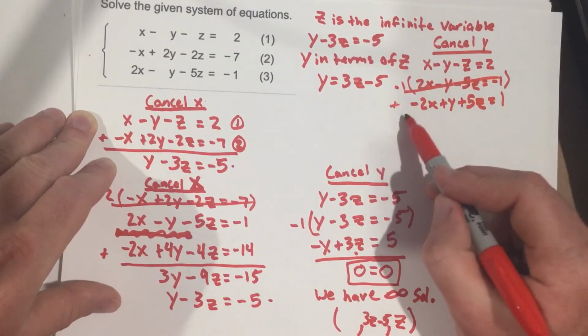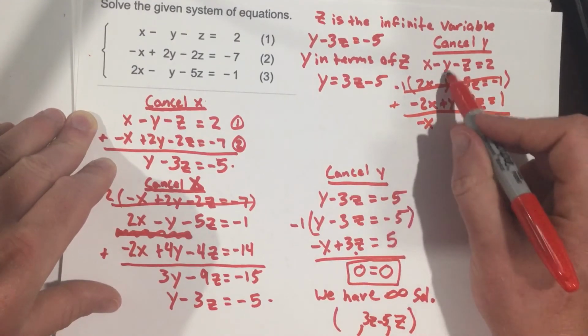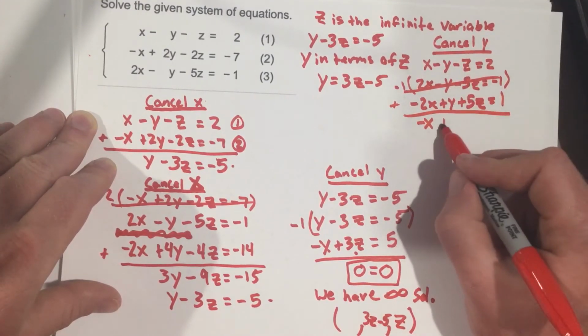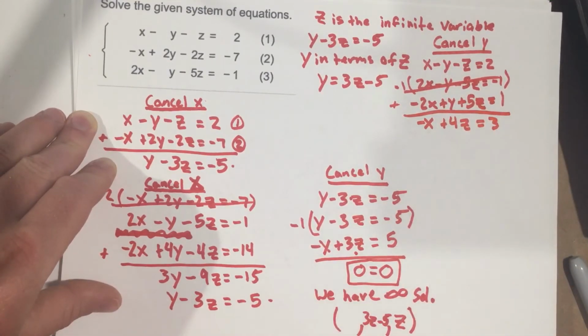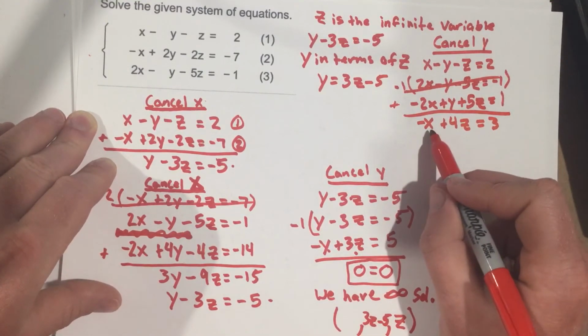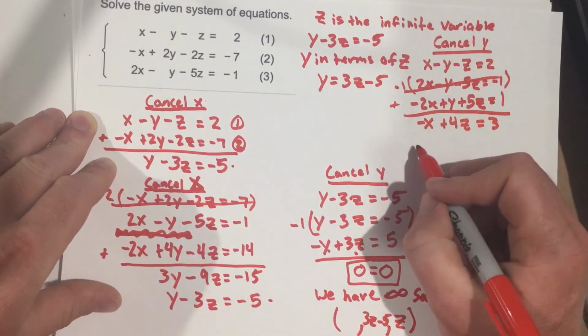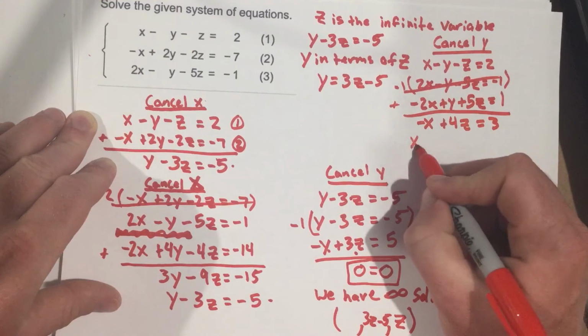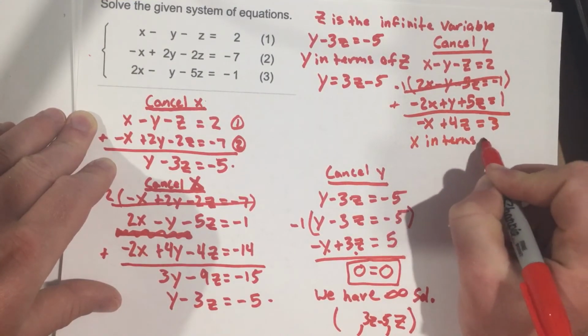Add these together. That's negative x. That cancels. That's plus 4z equals 3. I have an equation where I have x and z in it, so I need to write it so x in terms of z.